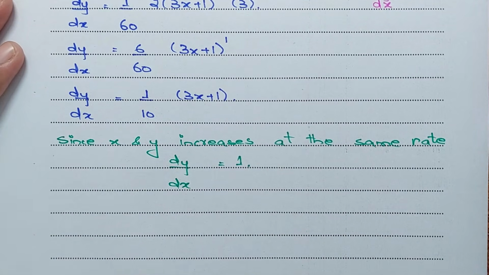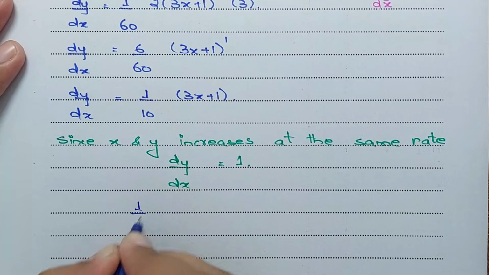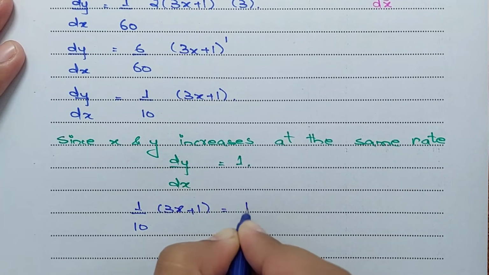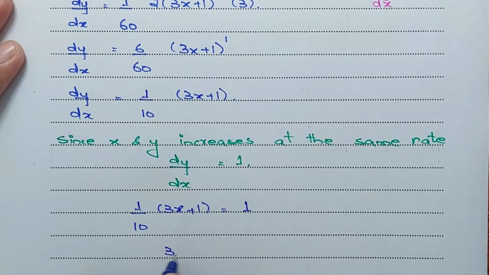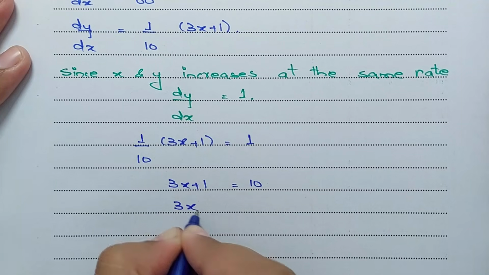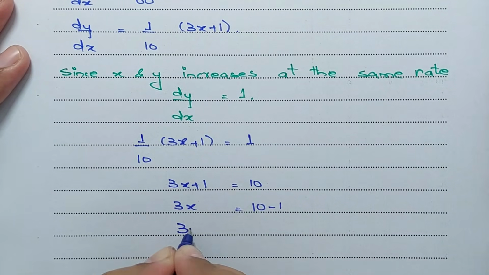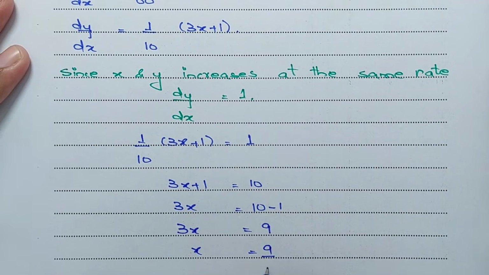Equate it to 1 and solve for x. So 1 over 10 into 3x plus 1 equals 1. Cross multiplied, 3x plus 1 equals 10 times 1, which is 10. Now shift the 1 to the other side, minus 1. So 3x equals 9, and x equals 9 divided by 3.